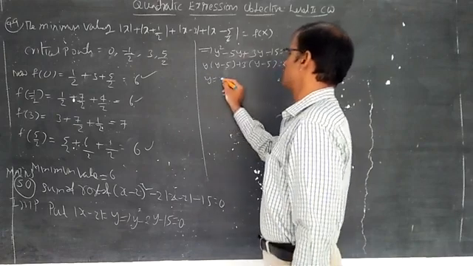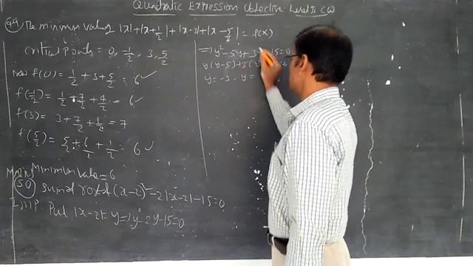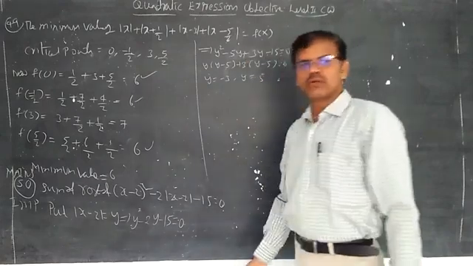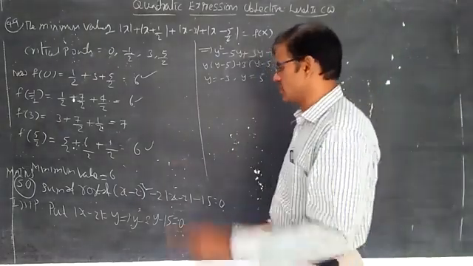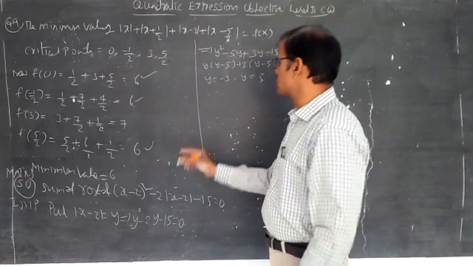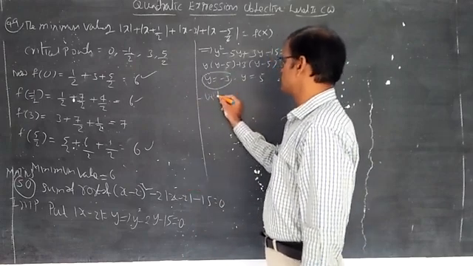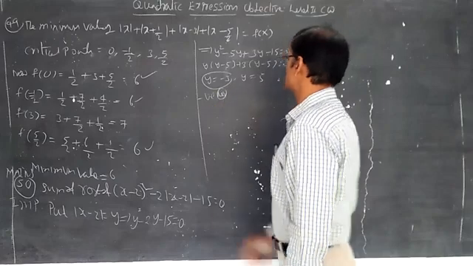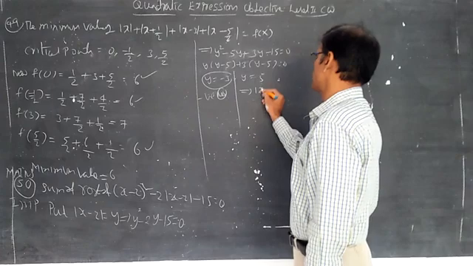So y is equal to minus 3, y is equal to 5. Here we are observing the modulus of x minus 2. It is a positive absolute value. Whenever modulus of x minus 2 is taken as y, negative should not be considered. So y is equal to 5 is confirmed here.